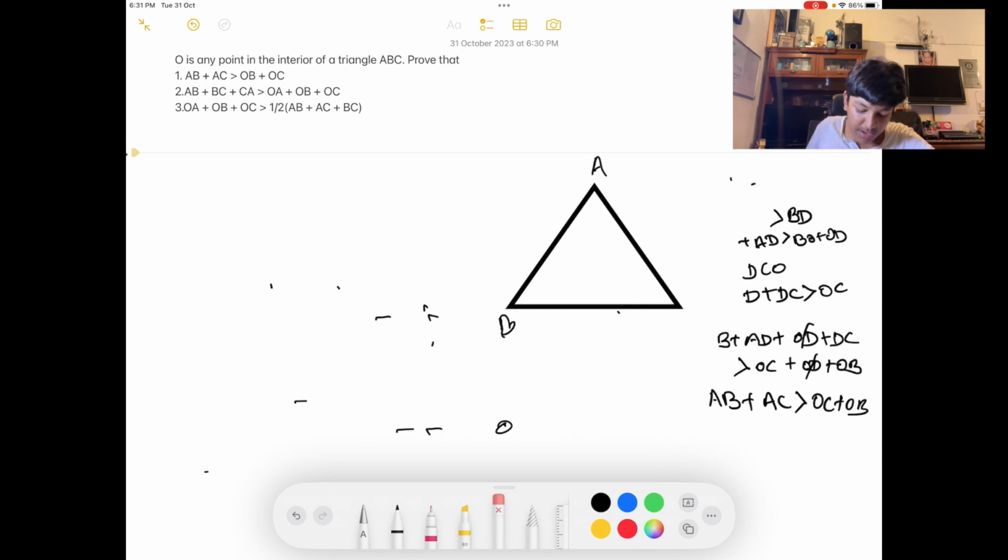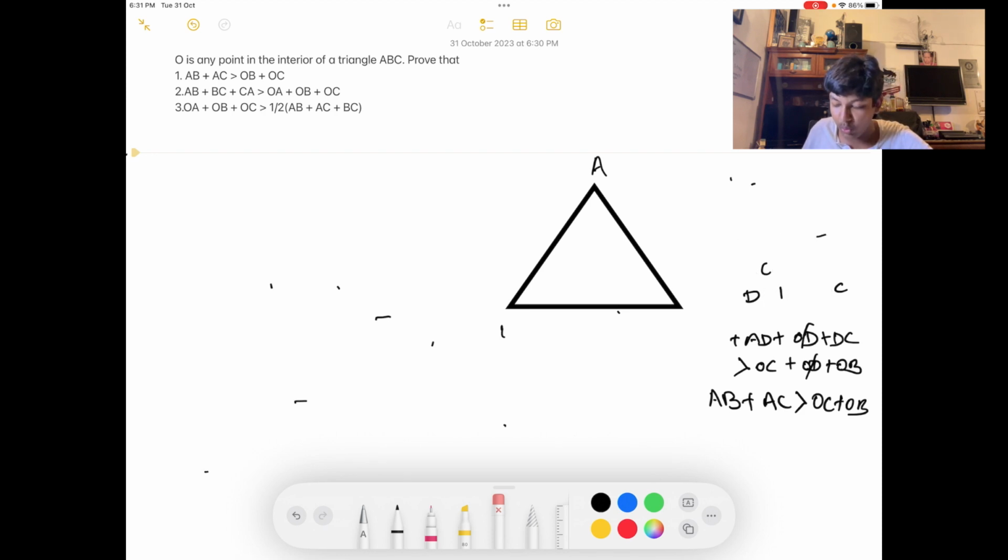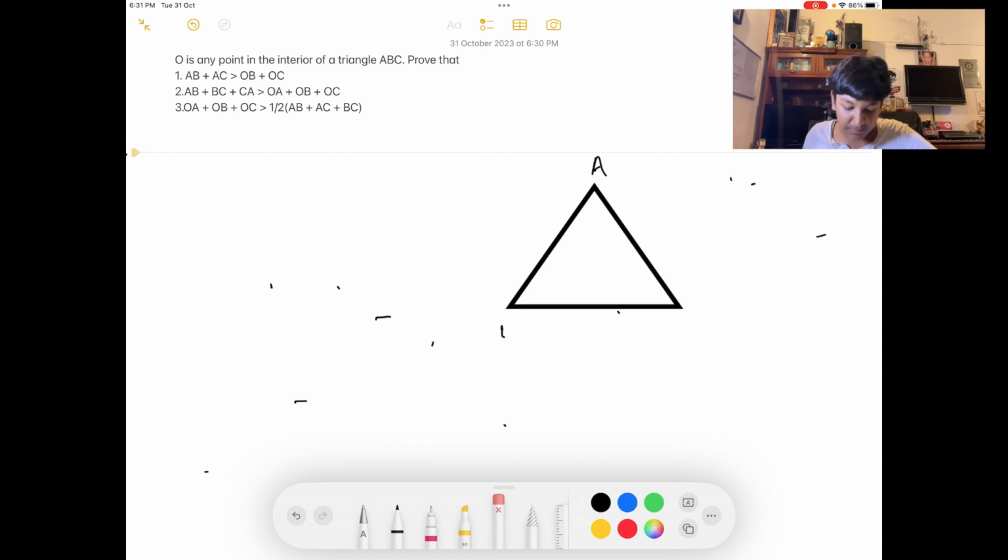So till now we had proven that AB plus BC plus CA is greater than OA plus OB plus OC. Now we have to prove that the part that was less is now greater than half of AB plus AC plus BC. So this is actually simpler than we think it is.